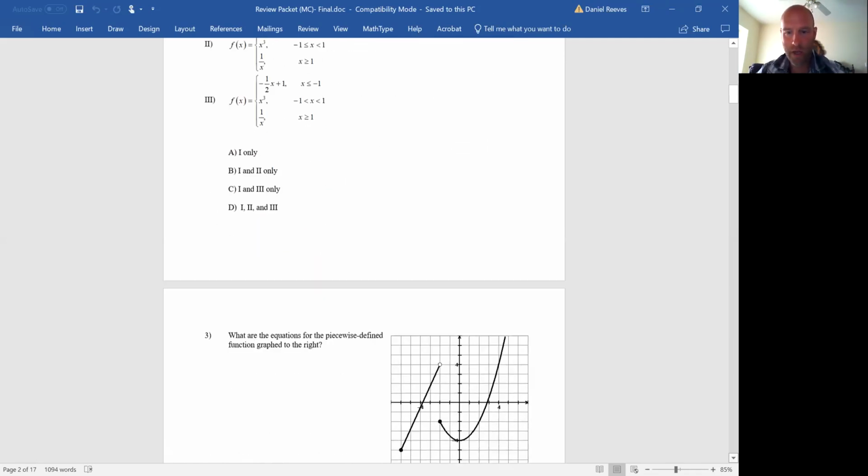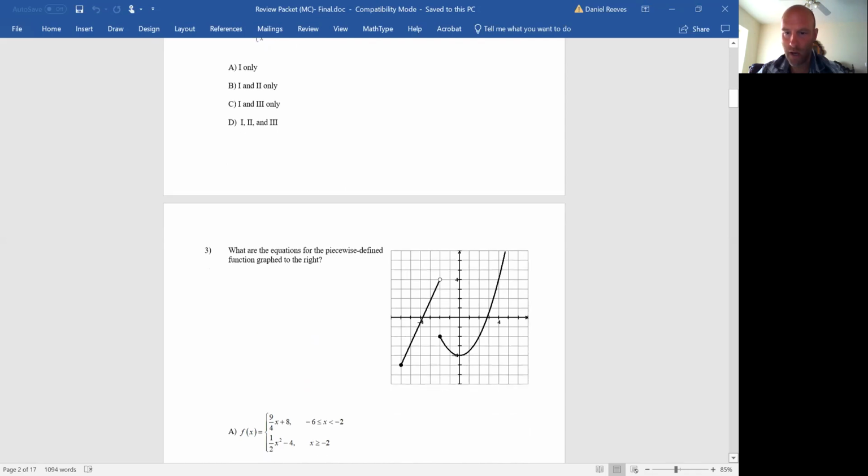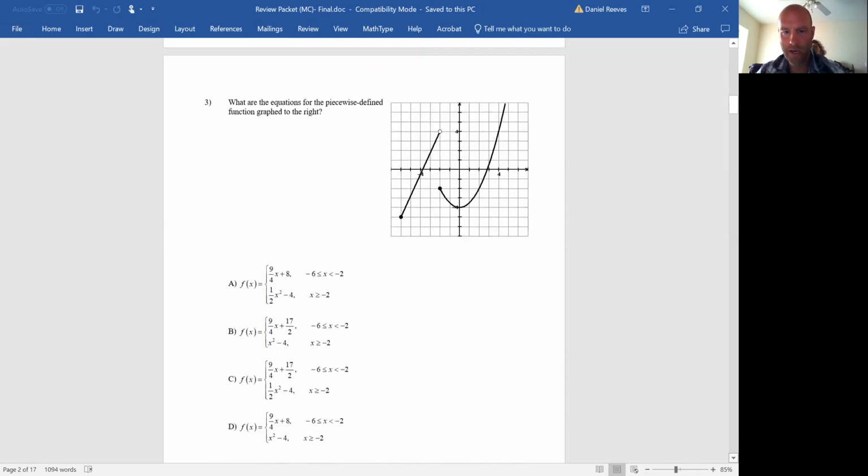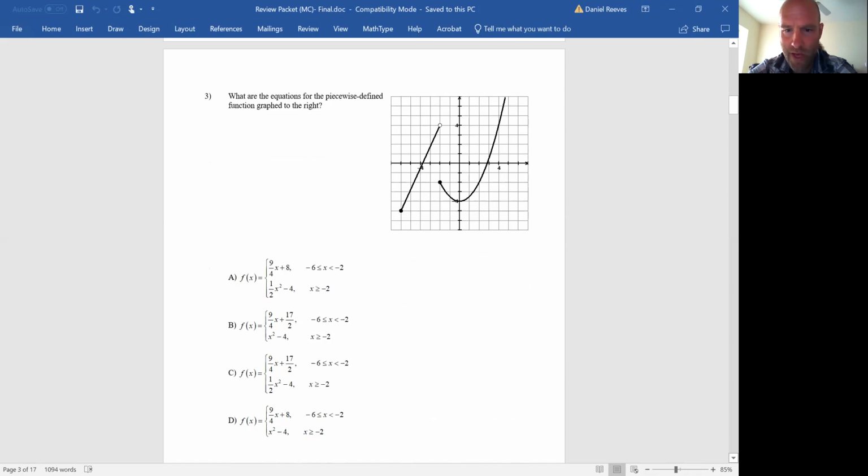Continuing on, another one of these. And here they were kind of sneaky that they did the slope of 9/4 plus 8 or 9/4 plus 17/2. Those are really the major differences there. So I got to decide which of those are correct.